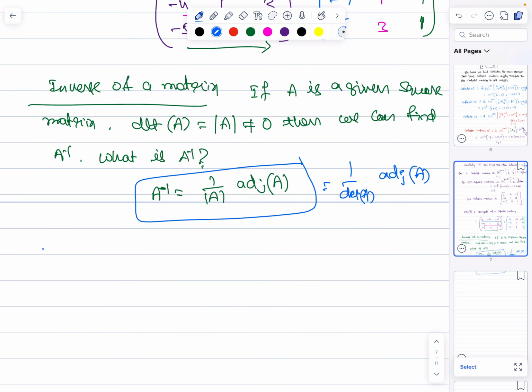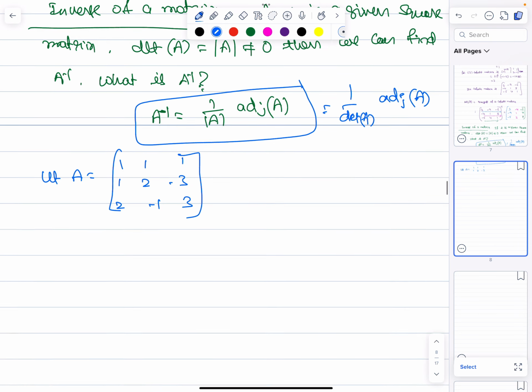Let me take the same A. Let A be equal to 1, 1, 1, 1, 2, minus 3, 2, minus 1, 3. This is your A. So what is the determinant of A?